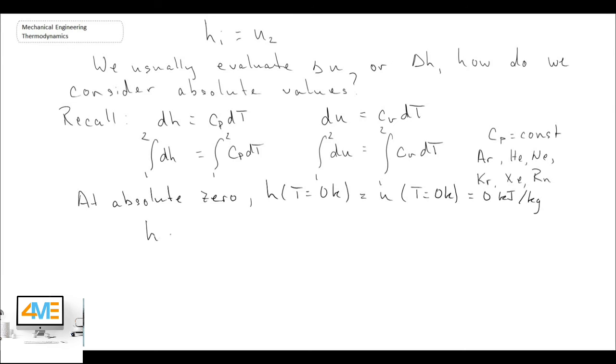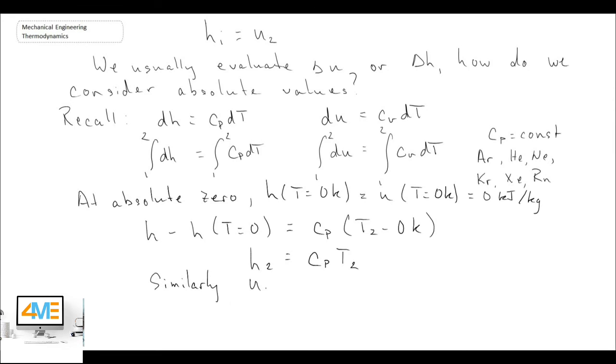And with that, we can write out the integration. The enthalpy at state 2 is just going to be the specific heat at constant pressure multiplied by the temperature at state 2, and similarly for U2, we can write it as follows.